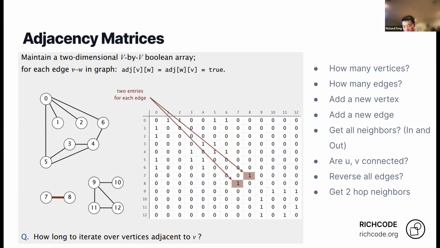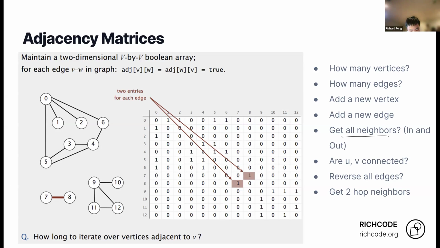What about getting all the neighbors? So a neighbor is basically a vertex that has a connection to the one.